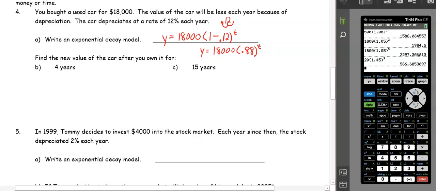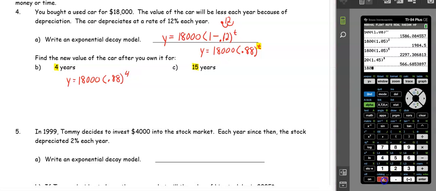So in decay, the decimal in our parentheses is always going to be less than 1 now. So same thing though, to figure out the value, we're going to plug them in for t. So if I want to know the value of the car at 4 years, y equals 18,000 times 0.88 to the 4th power.